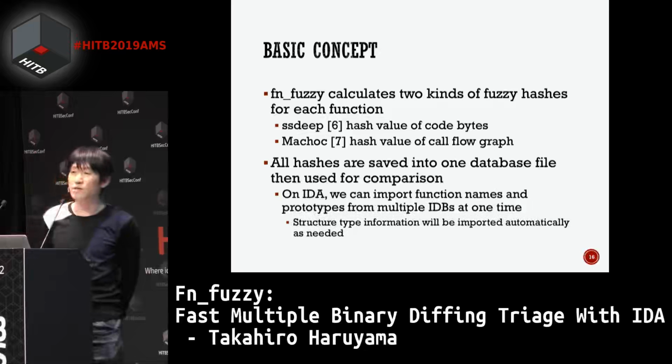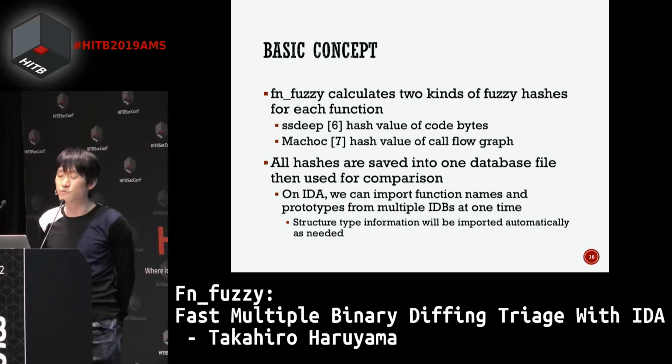All hashes are saved into one SQL database file, then used for comparison. We can import function names and prototypes from multiple IDBs at one time. And structure type information defined in function prototypes can be imported as well.